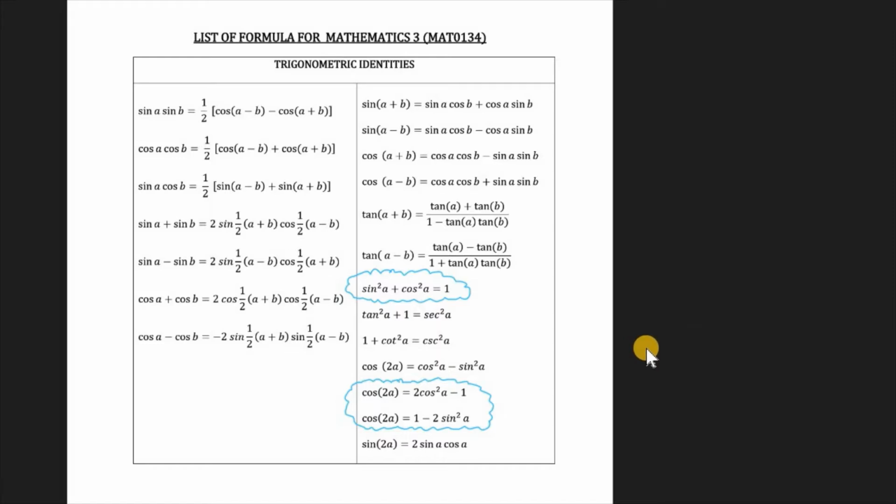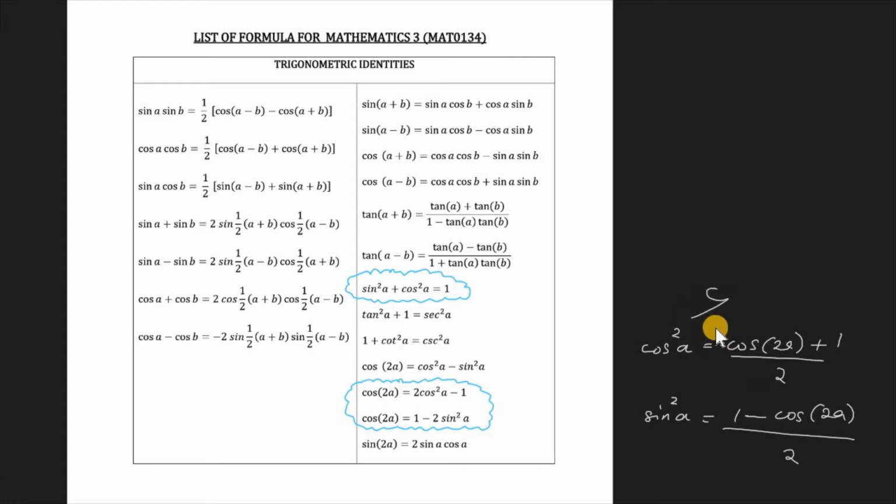As we rearrange it, with cosine having an even power, we have cosine 2A plus 1 on 2, or if we have sine with an even power, we rearrange it, so it is 1 minus cosine 2A on 2. So here we have an even power, and you have to change into this form first.